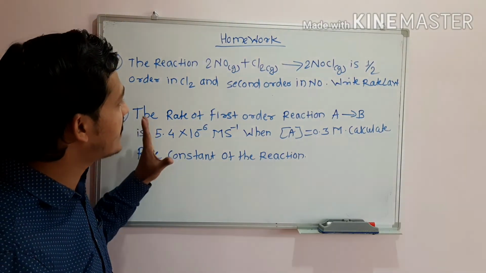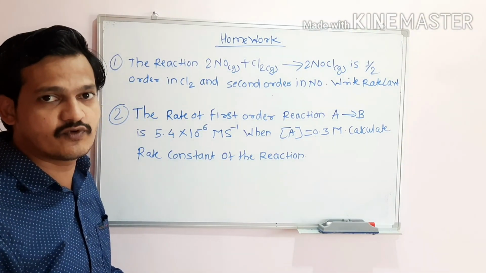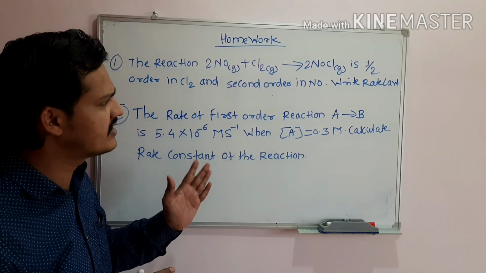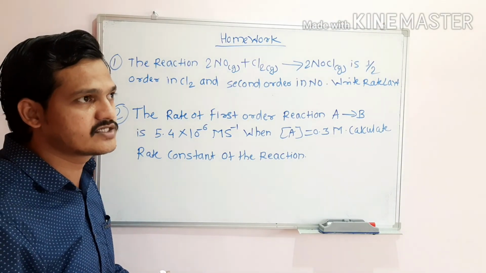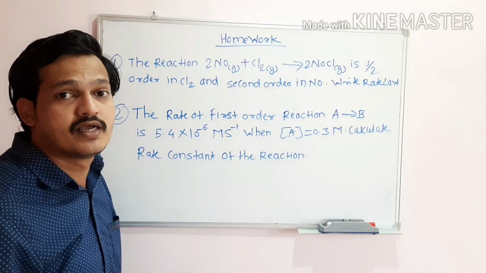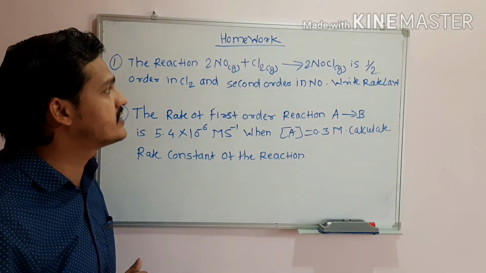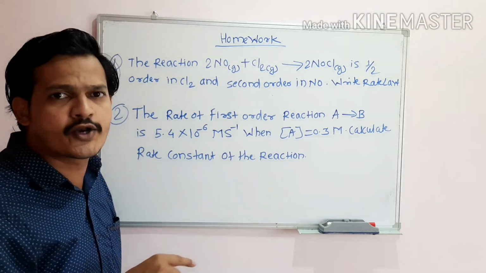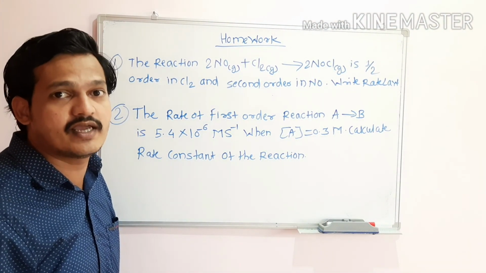In this video lecture, I am giving only easy to average numericals for understanding rate law, order of reaction and how to calculate rate of reaction. In the next video lecture, the difficulty level will increase. Hopefully you have understood the numericals based on rate law, order of reaction and how to calculate rate constant. Okay, thank you.